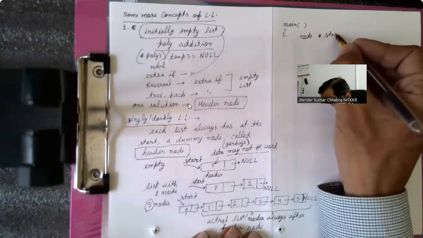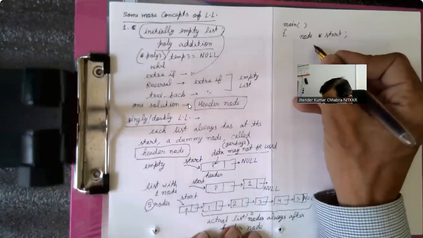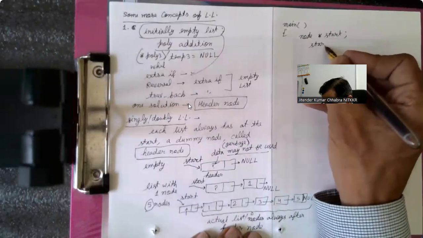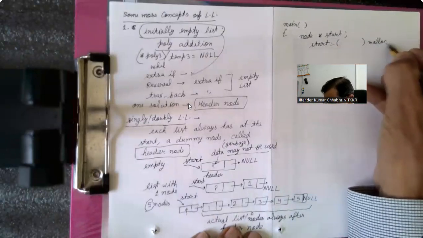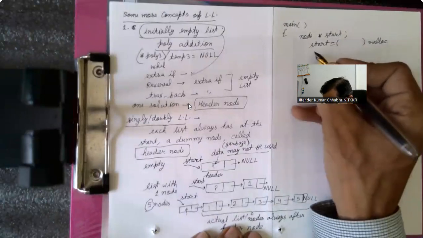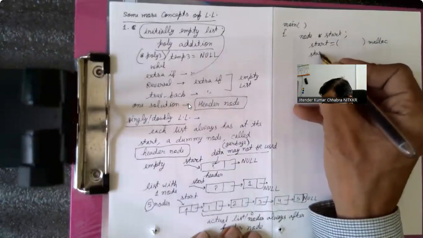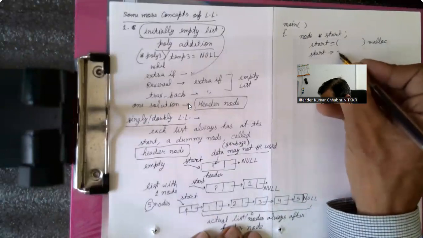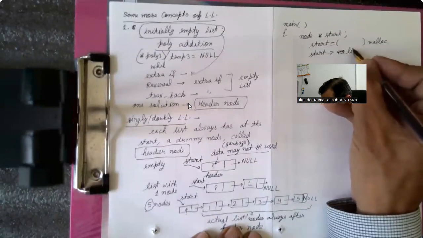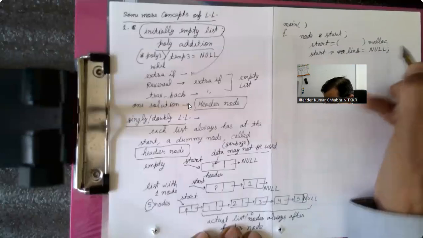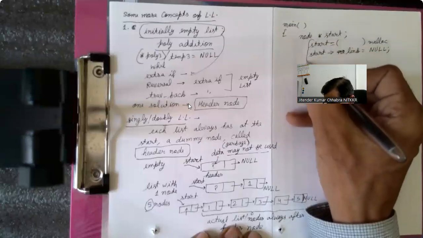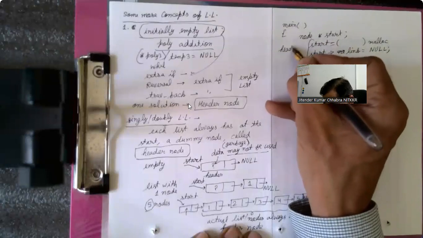Like if you wrote node star start, the first statement you will do immediately is give it a malloc. And after malloc, initially the list has no nodes. That will mean start arrow link equal to null if it is a singly linked list. And that's it. So this is your header node, immediately made.